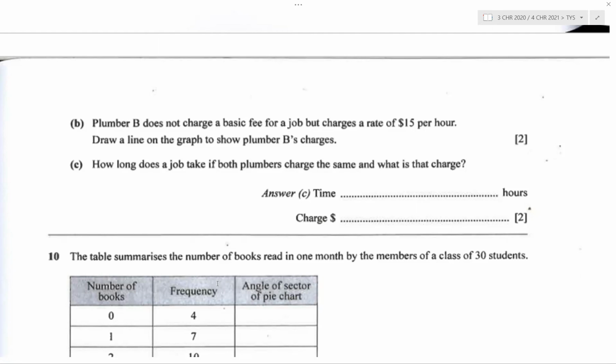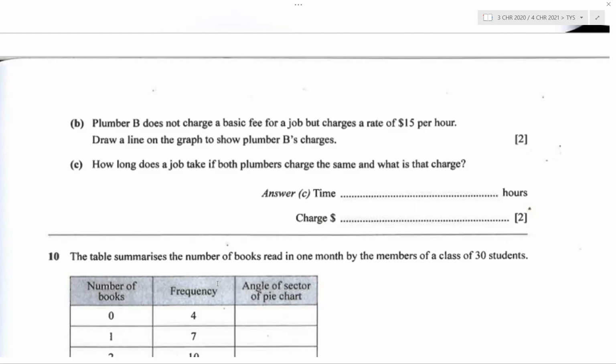Yeah, exactly. Depends on how long the job will take. If the job is a 30-minute job, who are you going to employ? B, because for half an hour, plumber B only charges $7.50, right? Whereas plumber A is going to charge you $20, right?